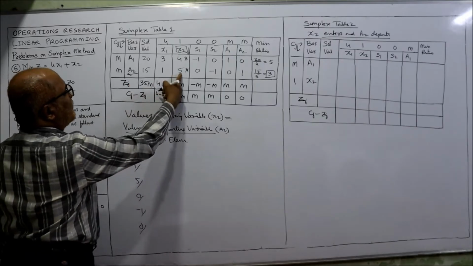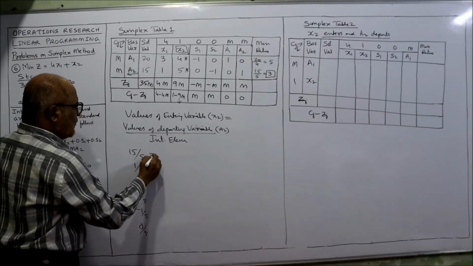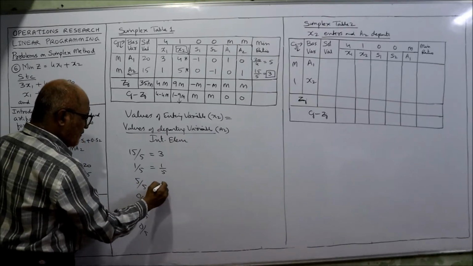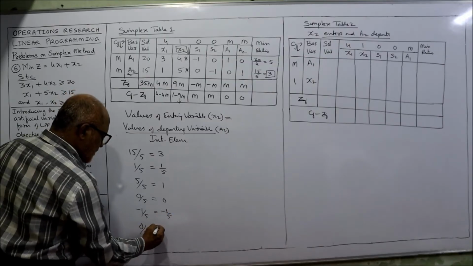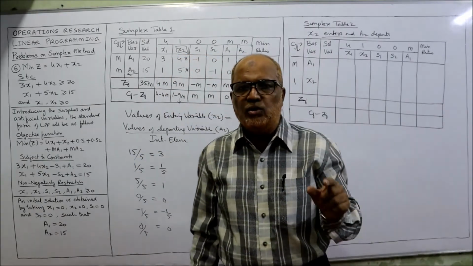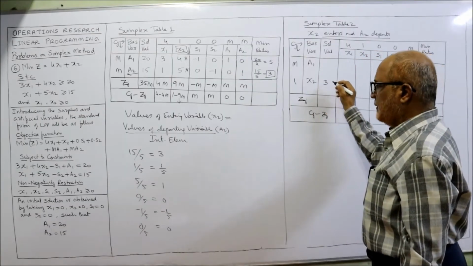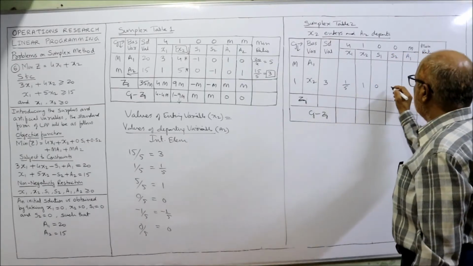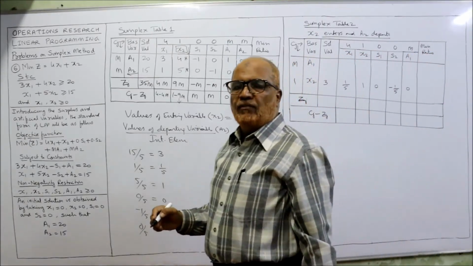What is the intersectional element here? 5. 5 is the intersectional element. Now 15 divided by 5, 5 3s are 15. This is 1 by 5. 5 divided by 5, 1. 0 divided by 5, 0. Minus 1 by 5. Here 0 by 5 is 0. So we got the values of the entering variable x2. So x2 values are 3, 1 by 5, 1, 0, minus 1 by 5 and 0. That's all.